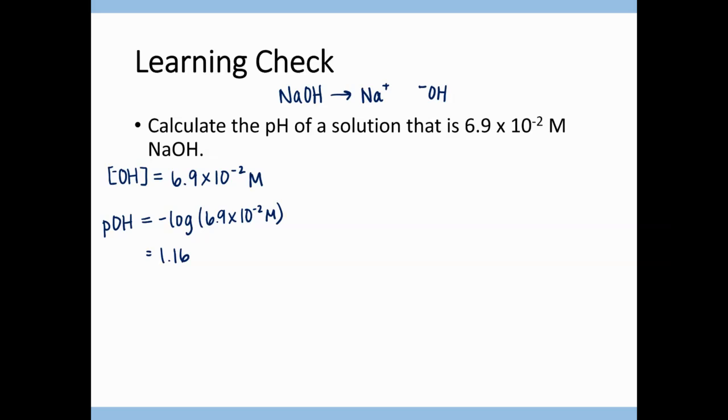So we calculate pOH, but that's not what we're looking for. We're looking for pH. From the previous slide, we know that pH is 14 minus pOH. So the pH is 12.84.